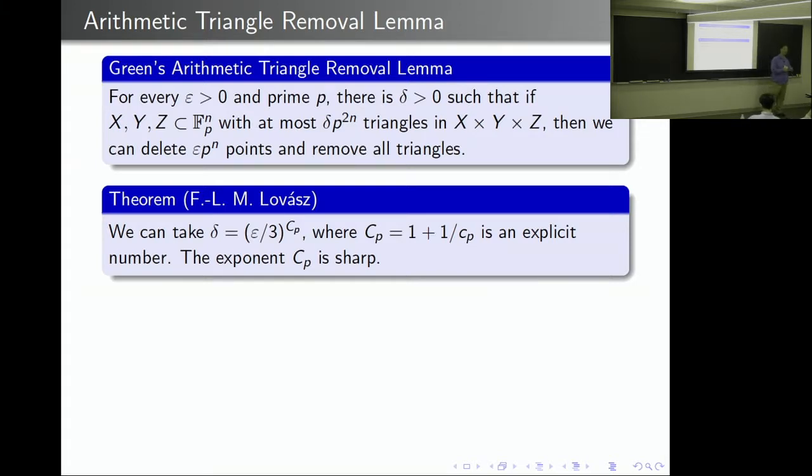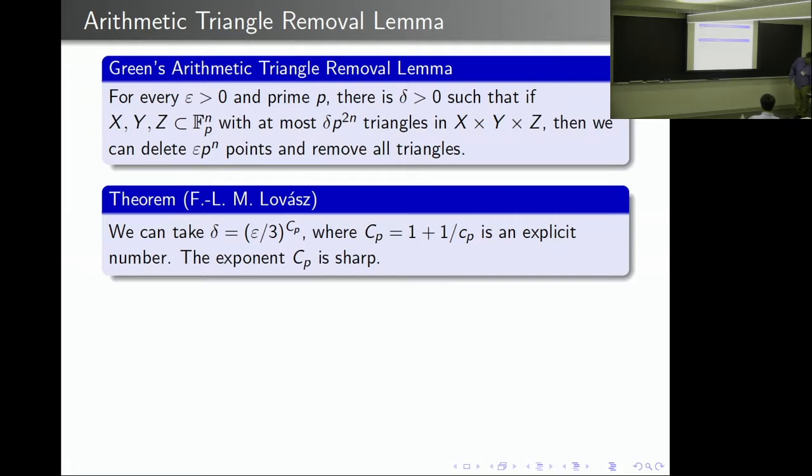And it's closely related to the multicolor sum-free and cap set problem that we saw earlier. So the big C_p, the exponent is 1 plus 1 over little c_p, which is this explicit number. And so c_p is on the order of log p, and this exponent is sharp.